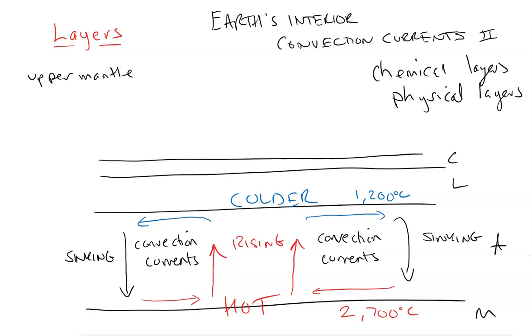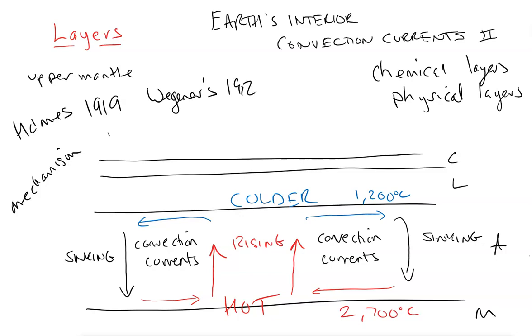You have these convection currents that are moving from hot to cold, and it is pretty much the mechanism that Holmes in 1919 suggested was the reason behind Wegener's 1912 continental drift theory on how the plates are physically drifting across the Earth's surface from Pangaea to their current location we know today. So, hope this helps clarify and break down the layers and what is important to know, what isn't.